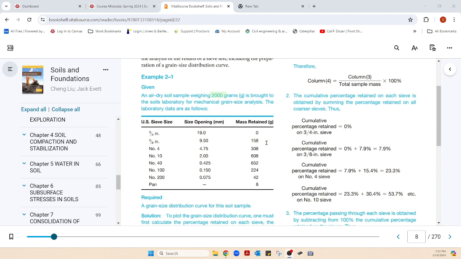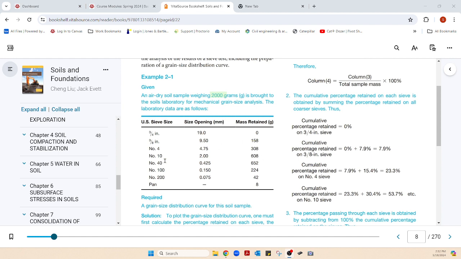This is an abbreviated data table, just to get you going, but it has all the sieve sizes, the opening size of each sieve in millimeters, and the mass retained in each sieve. Everything 3/4 inch and below went through all the sieves. There was nothing retained. There were 158 grams retained on the 3/8 inch sieve.